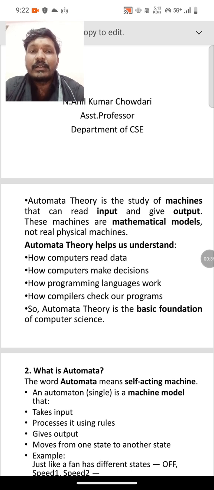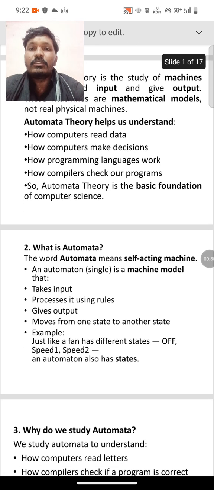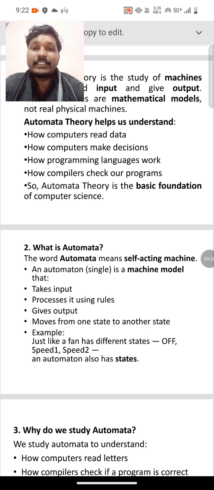These machines are mathematical models. Automata theory helps us understand how computers read data, how computers make decisions, how programming languages work, and also how a compiler checks our program. So automata theory is the basic foundation of computer science.